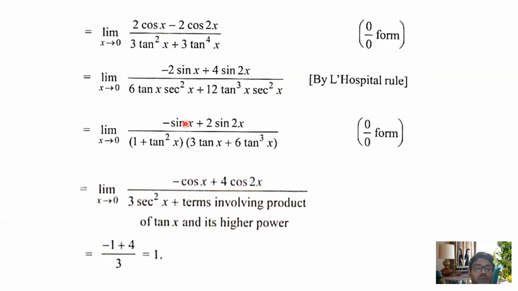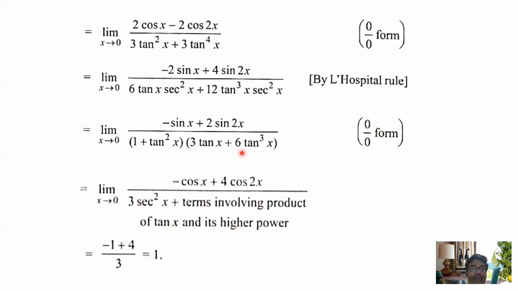After simplification, what is coming, that is minus sin x. So here simplification is very, very important. Minus sin x, 2 is cancelling, that is minus sin x plus 2 sin 2x, taking as a factor 1 plus tan²x common, that is 3 tan x, 2 is cancelling from here, that is 3 tan x plus, sec²x is coming, sec²x taken outside. From here, what is left is 3 tan x plus 6 tan³x. This sec²x is representing as 1 plus tan²x.